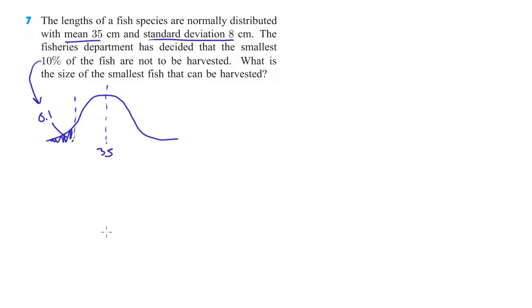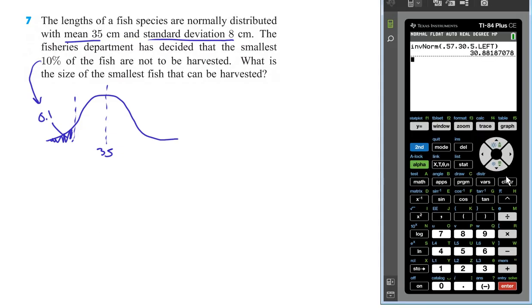So what we want to do here, second variables, go to inverse normal because they gave us the percent. Area is 0.1 as a decimal. Mean is 35. And our standard deviation is 8. We want to do the left. And again, some of yours will not even give you the option.